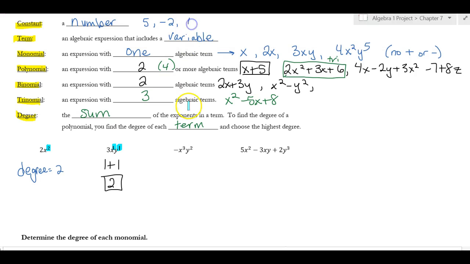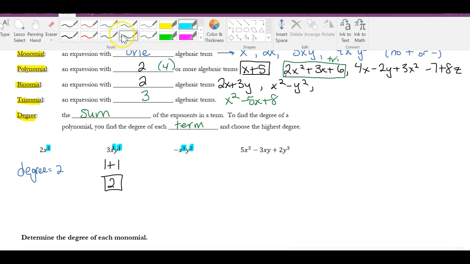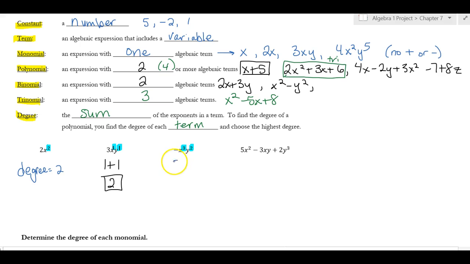Alright, for the next one, here's one exponent for the x, and here's another exponent for the y. And again, you add those. So it'll become 3 plus 2, so this is degree 5. So when you have a monomial, you add the exponents, and that will tell you what the degree is.